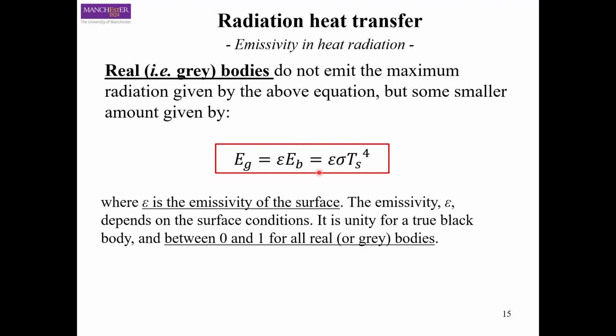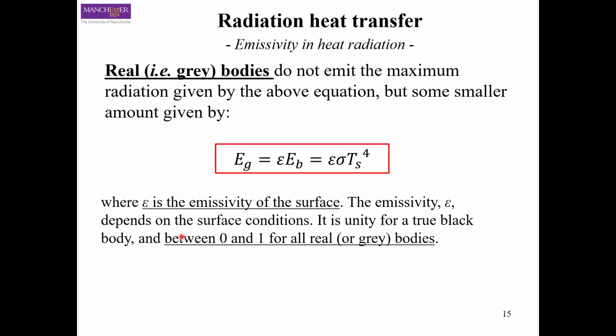If you put the value of Eb from the previous equation, the energy emitted by a gray body is equal to epsilon times sigma times temperature raised to the power 4. This epsilon is the emissivity of the surface. In another way, it is the fraction of the energy of a black body that a gray body is going to emit.